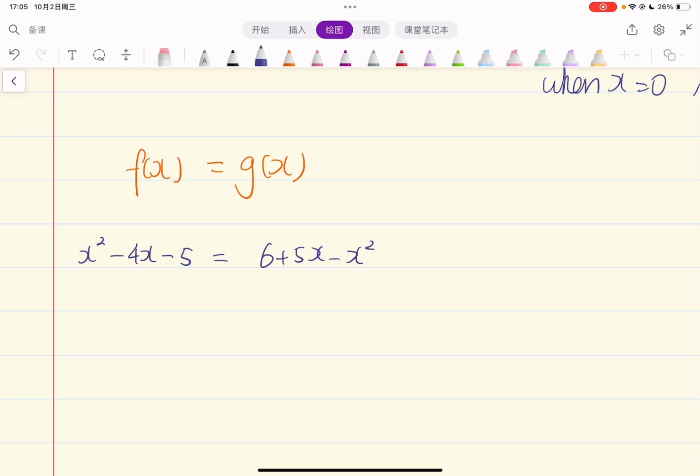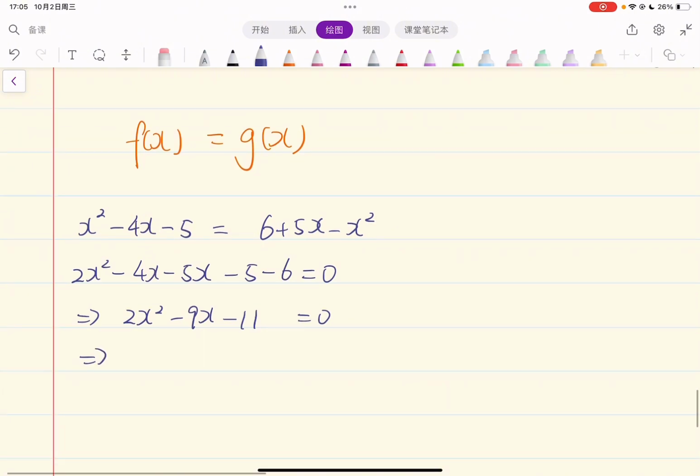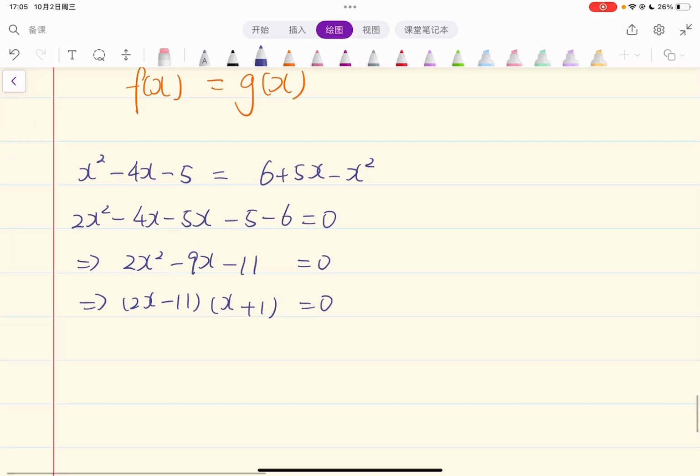We have 2x squared minus 4x minus 5x minus 5 minus 6 equals 0. This implies that 2x squared minus 9x minus 11 equals 0. We have (2x minus 11)(x plus 1) equals 0.